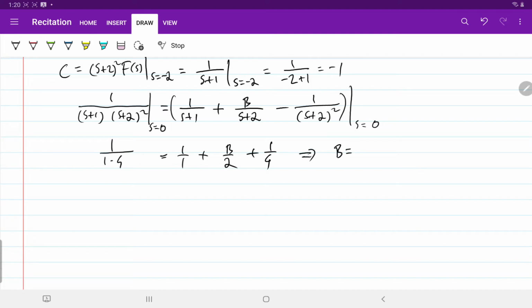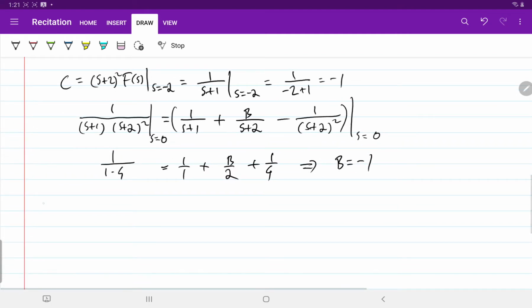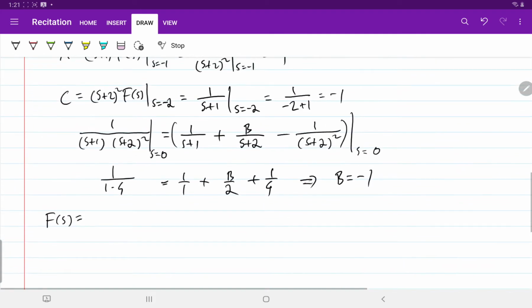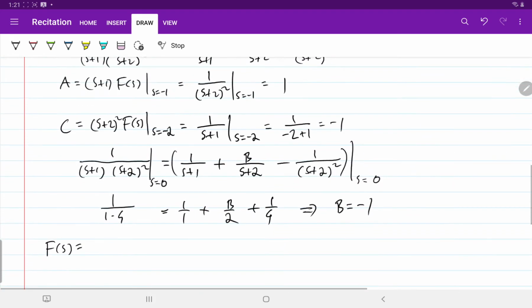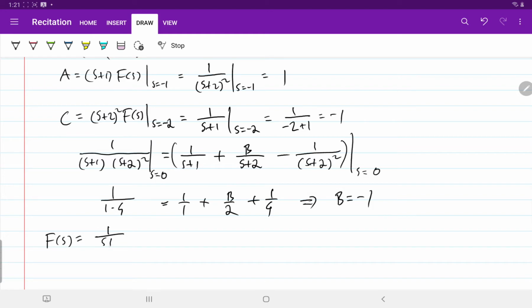So b here is equal to minus 1. So f of s, you can write it as 1 over s plus 1 minus 1 over s plus 2 minus 1 over s plus 2 squared.